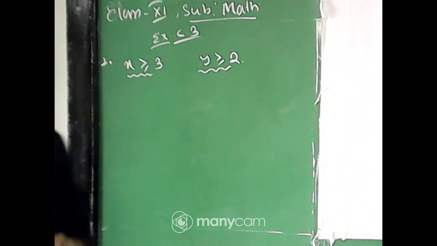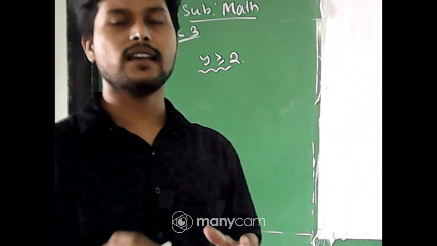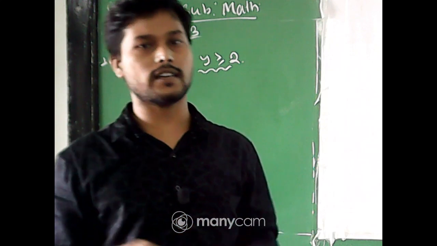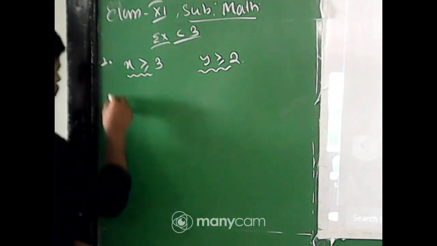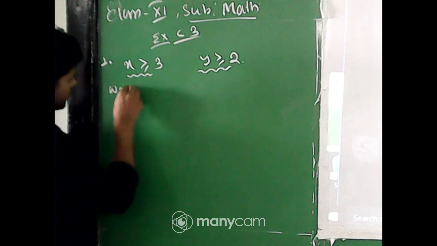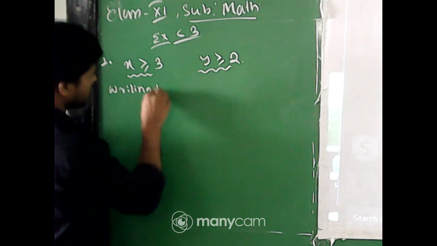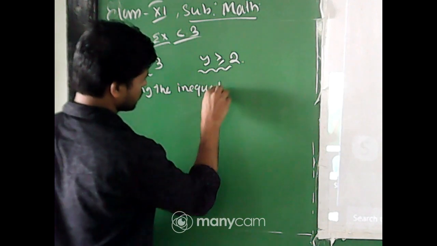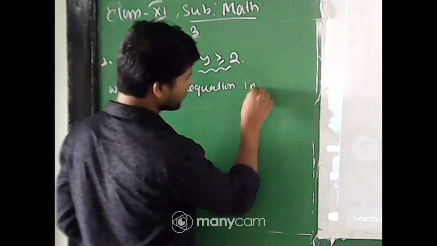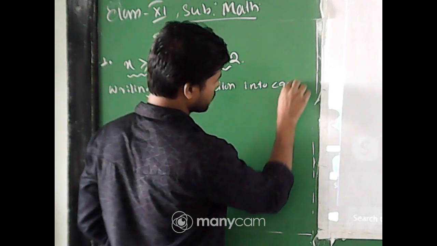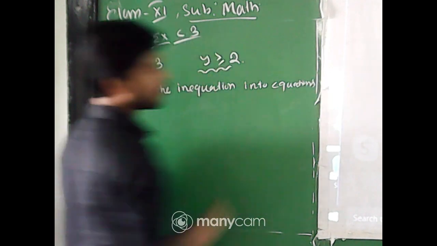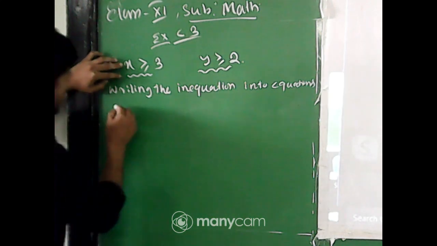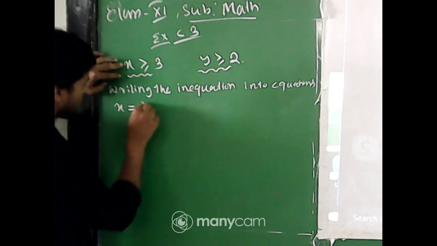First, what we have to do? We have to convert them into linear equations. Inequations are given here; we have to convert them into equations. So writing the given inequation into equation, if I rewrite this inequation as an equation, it will be x is equal to 3.